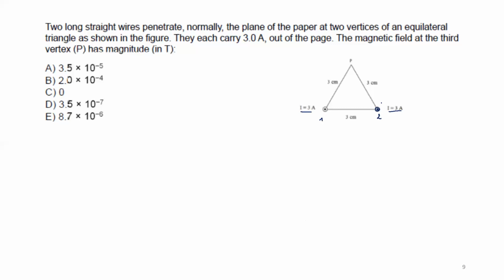I want to calculate the magnetic field created at P, so B net at P. Of course, B net at P will be B1 at P plus B2 at P, B1 being the magnetic field created by wire 1 and B2 being the magnetic field created by wire 2 at P. Now let's draw B1 and B2.